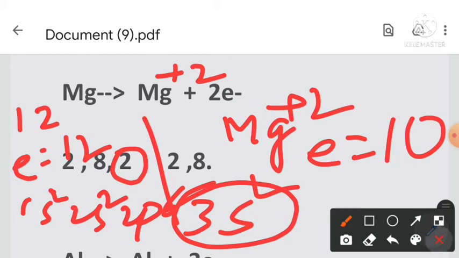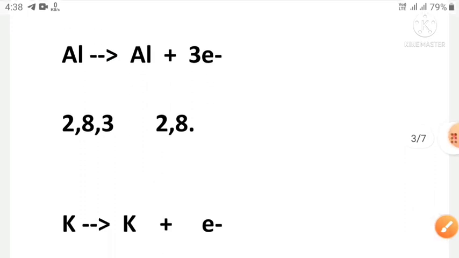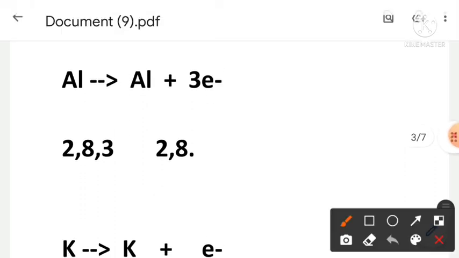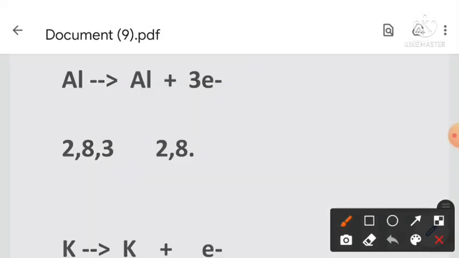Like this, in aluminium, Z is 13, so we write the electronic configuration in short as 2, 8, 3, where 3 is present in the outermost shell, so it loses 3 electrons and gets a +3 charge.